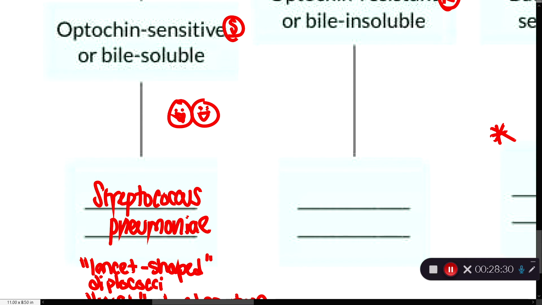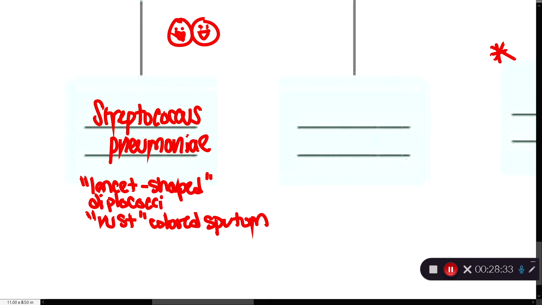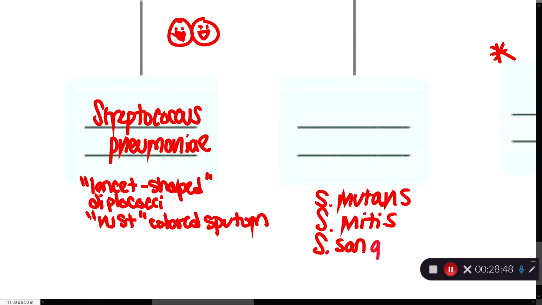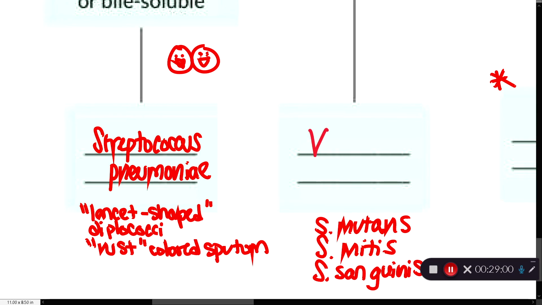And it'll include species like Streptococcus mutans, Streptococcus mitis, Streptococcus sanguinis, and this will be referred to as your Viridans group strep.